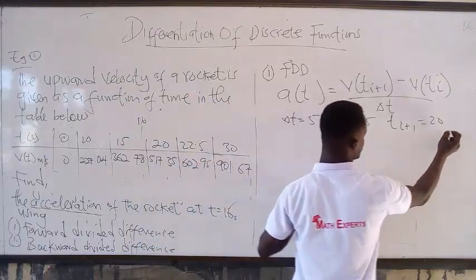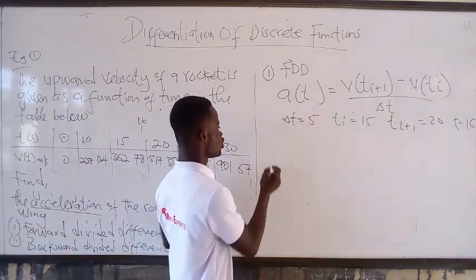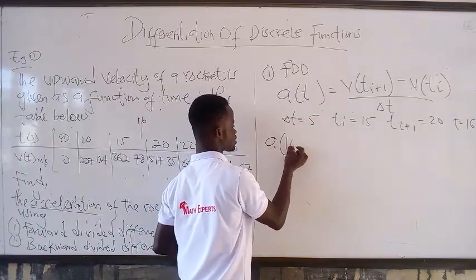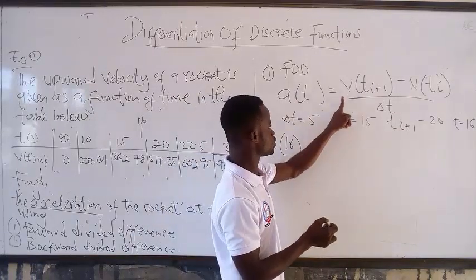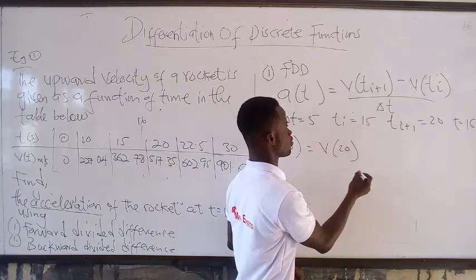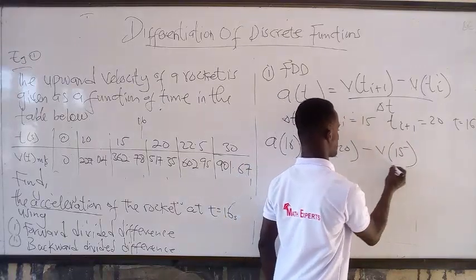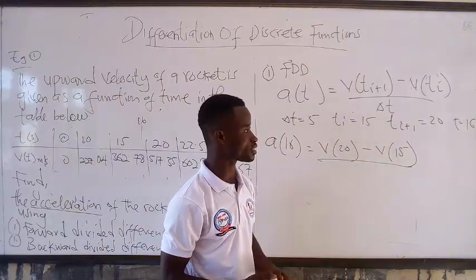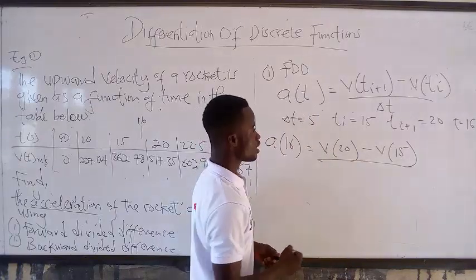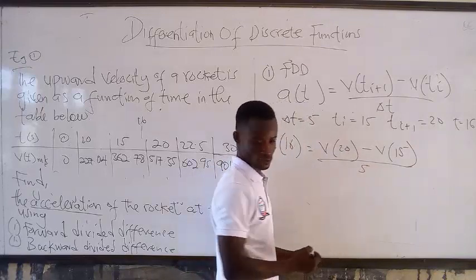And our T is 16, that's what is given in the question. So we start. A of 16 will be equal to the 20 minus the 15, all over delta T, and that is 5.